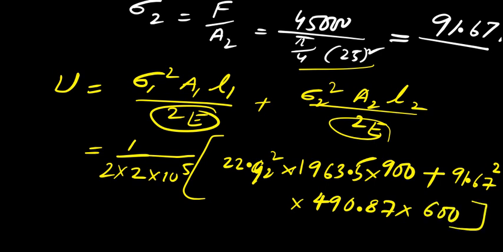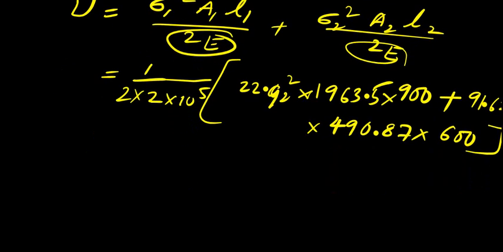Now all the values are substituted, and finally we calculate the total divided by 2 into 2 into 10 power of 5.